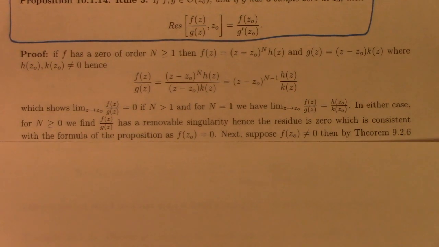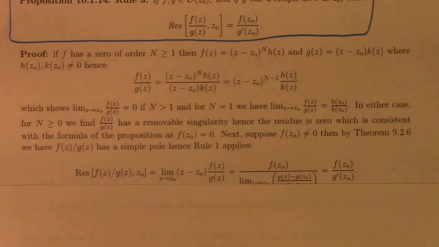All right, so then what? Well, next, suppose that F of Z naught is not equal to 0. If that's the case, then we can use rule 1, because then you've got a simple pole, right?